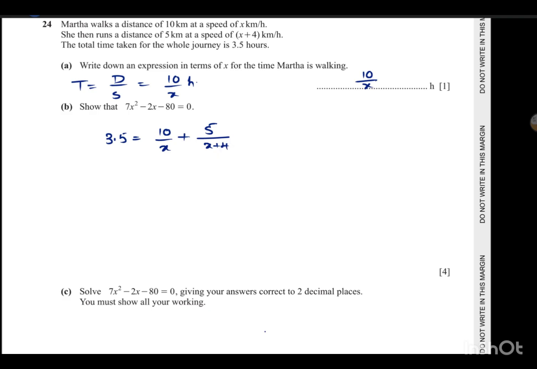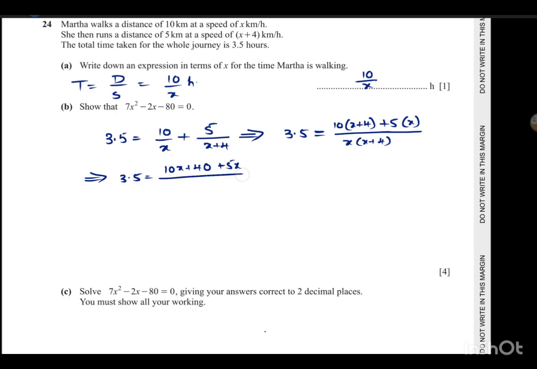Now combine this to make it the given expression. When you take the LCM you have to multiply the denominators here. The numerator of the first fraction will be 10 into x plus 4 plus second fraction 5 into x. The next step: 3.5 as it is, 10 into x plus 4 is 10x plus 40 plus 5x, by x into x plus 4, which is x square plus 4x.